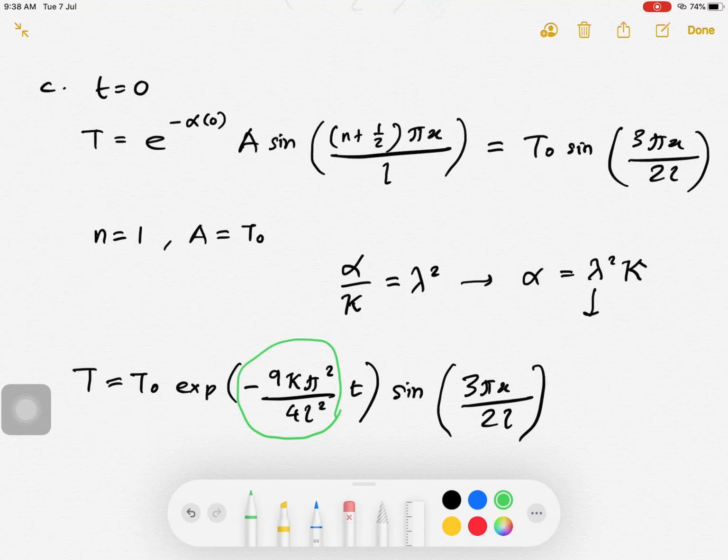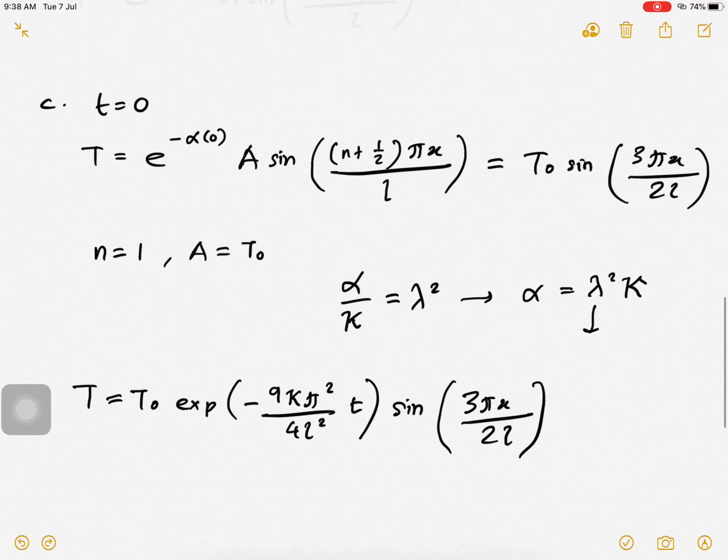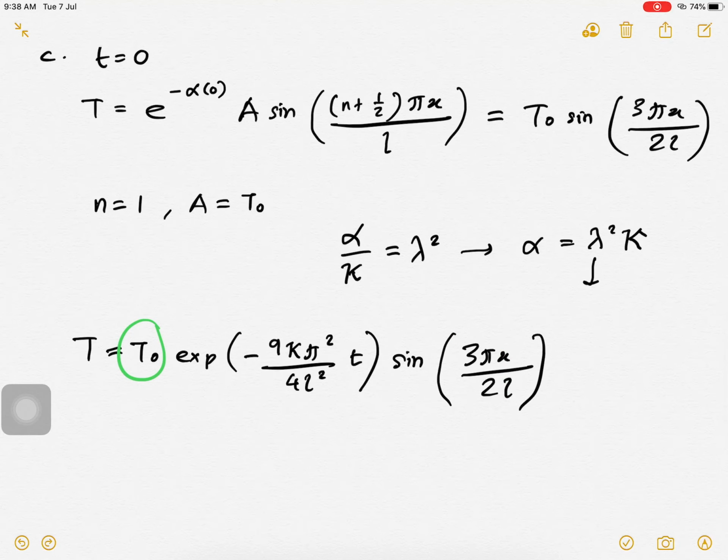When you put lambda right here, you will get that alpha is this one. And then we substitute A with T naught, and we substitute n with 1, so we get this one. So that is the solution for example 9.20. Thank you for listening.